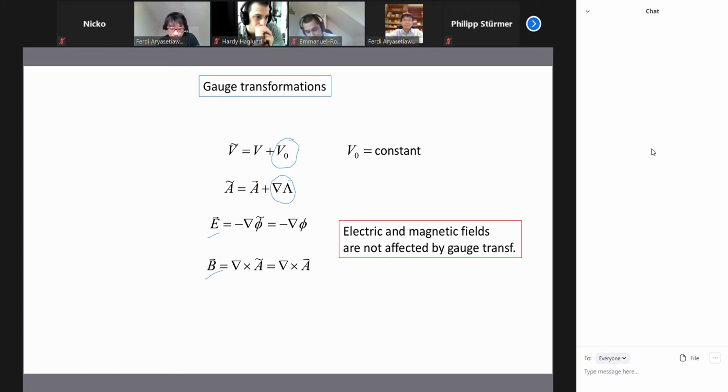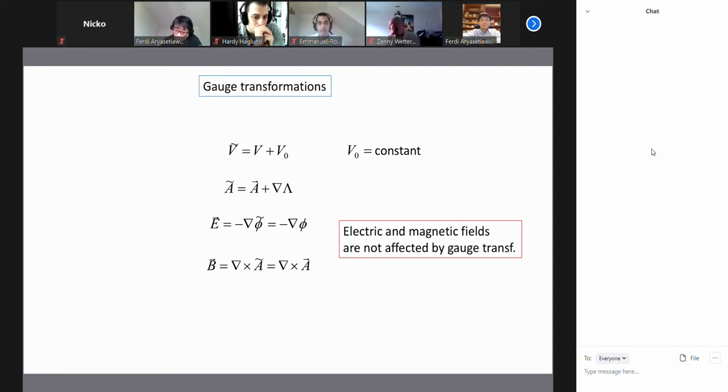So these gauge transformations preserve the electric and magnetic fields. So the question we would like to ask now is, what happens to the wave functions?